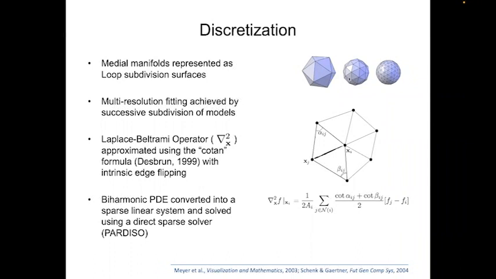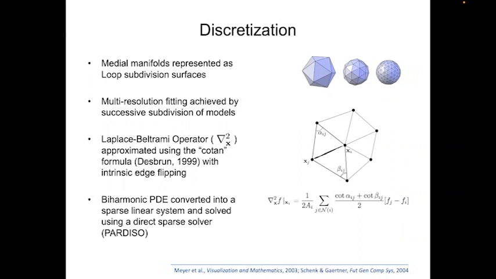Another thing you get with loop subdivision surfaces, it doesn't only tell you where the points are as you subdivide, it also tells you the tangent plane. So there are rules to generate vectors in the tangent plane and the normal vector, and it always involves just a one ring of vertices around the vertex you're interested in.